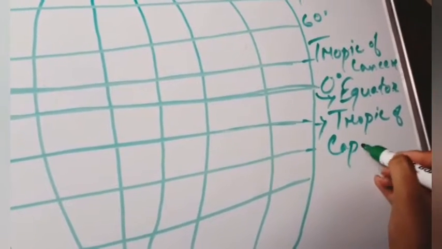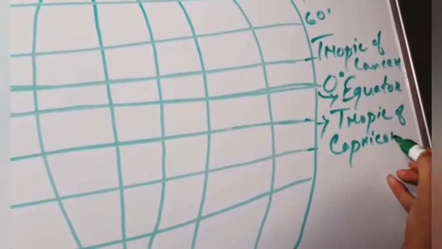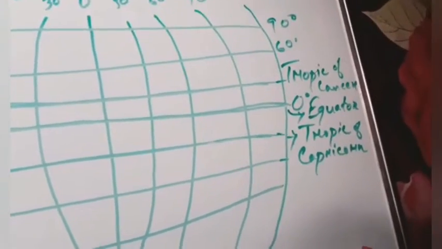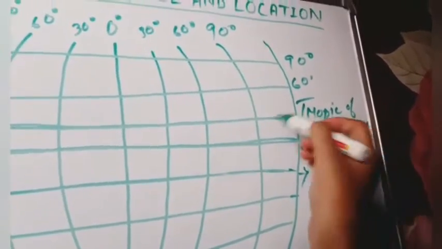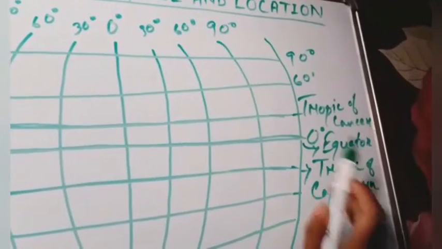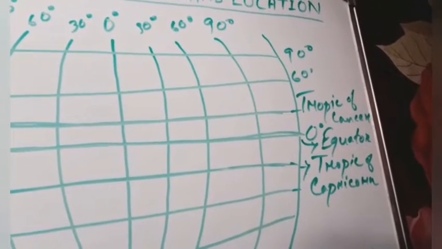These are the basic things you have to know about the position of India. So this is the Tropic of Cancer, this is the equator, and this is the Tropic of Capricorn.